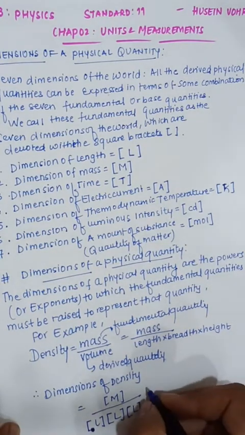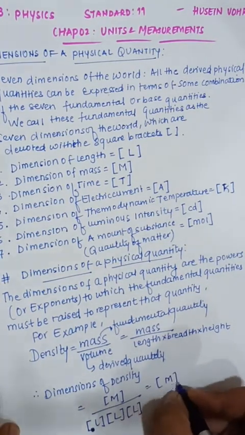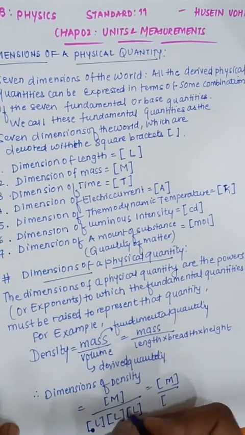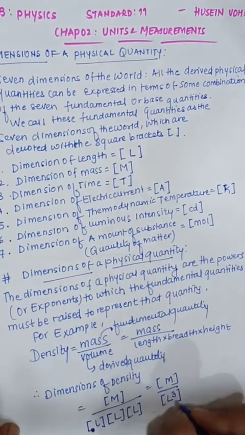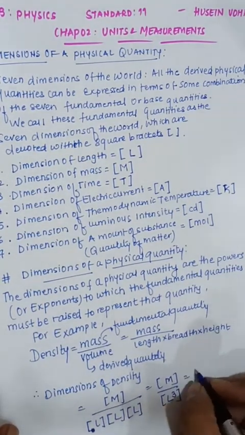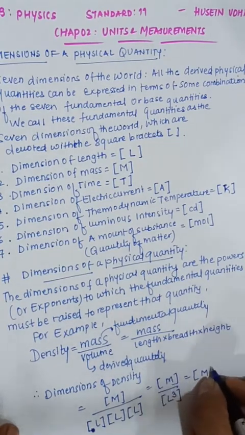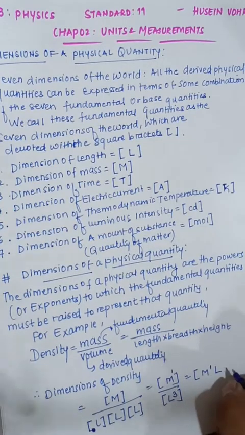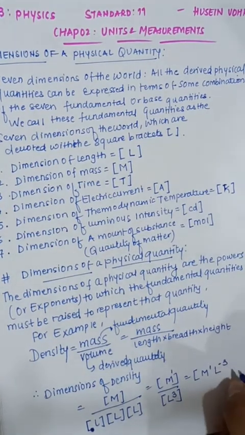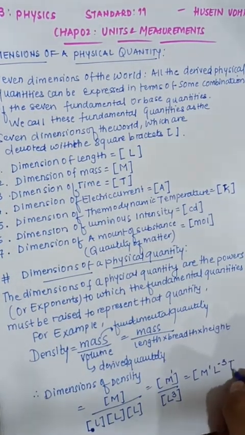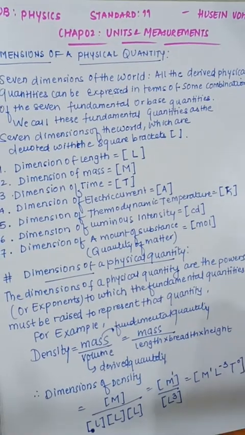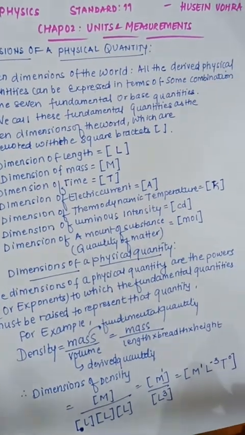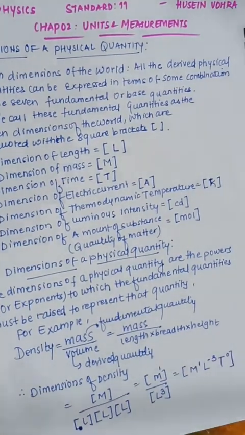So your answer is capital M above. 1 plus 1 plus 1 will lead to L3. So my final answer is M1, and L3 is in the denominator. If you move it to the numerator, it will be minus 3. There is no specification for time, so it will be 0. So the dimensional formula for density is M1 L minus 3 T0.